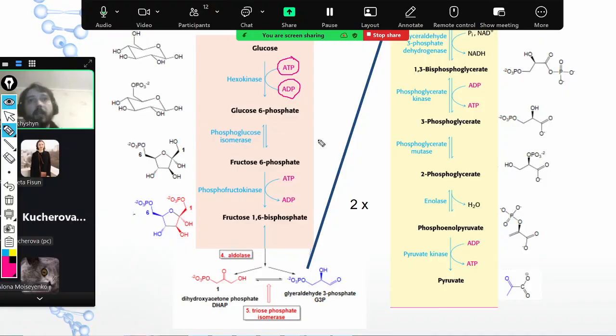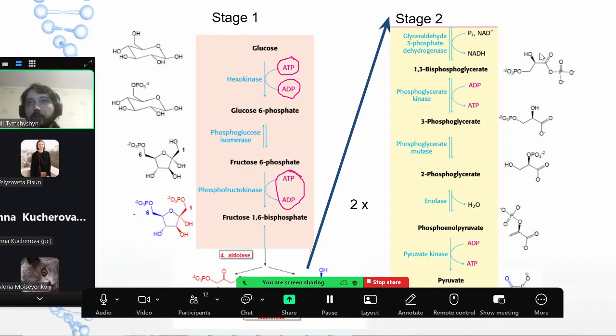We will get through each of these reactions, and I will tell you a little bit about them. But you see that in this part we spent some energy. Then we get to the second part of this pathway, and here you see that we obtain some energy.